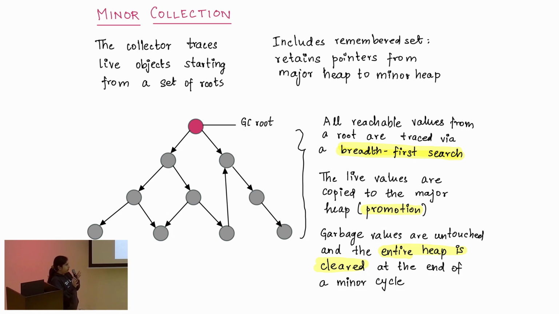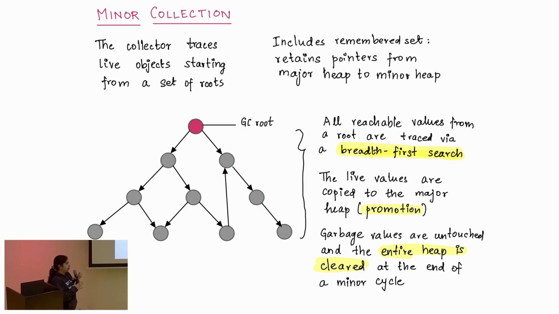We want to keep all these objects because there is a possibility they are necessary at a later point in the program. So we start from the GC root, we trace all the objects that are available from the GC root, and all of these are copied to the major heap. And an interesting and important detail here is that garbage values are not touched at all in the minor heap.